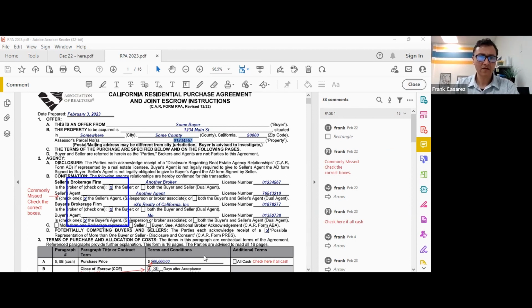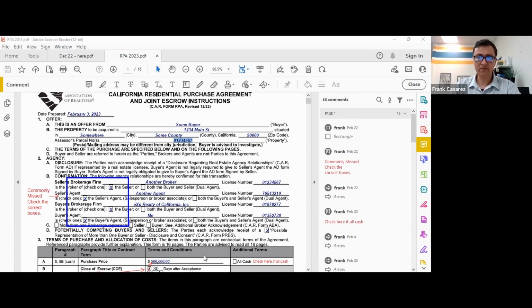Because there are quite a few things that you need to put on the offer sheet, even on page 1, that if you get something wrong, we're going to have to amend it. And the more amendments that we have, obviously those are items that are going to start chipping away at the client's confidence that there are so many errors being made that we're constantly having to correct things.